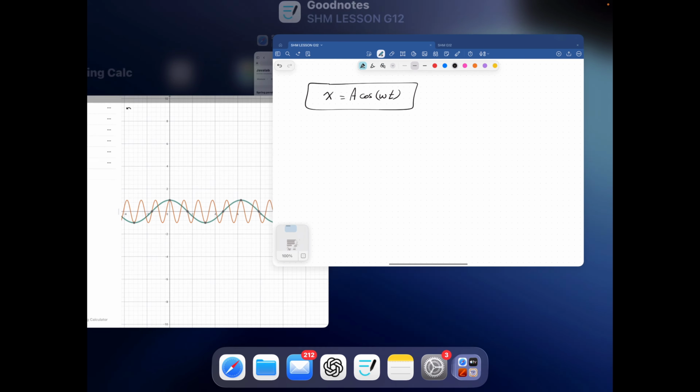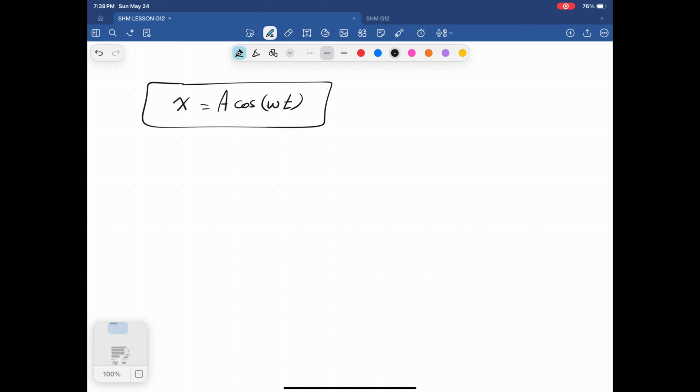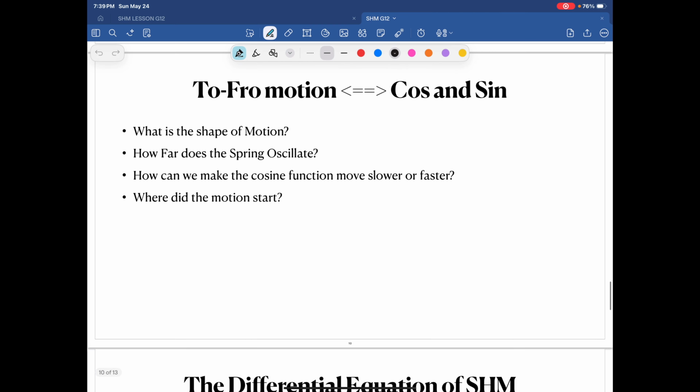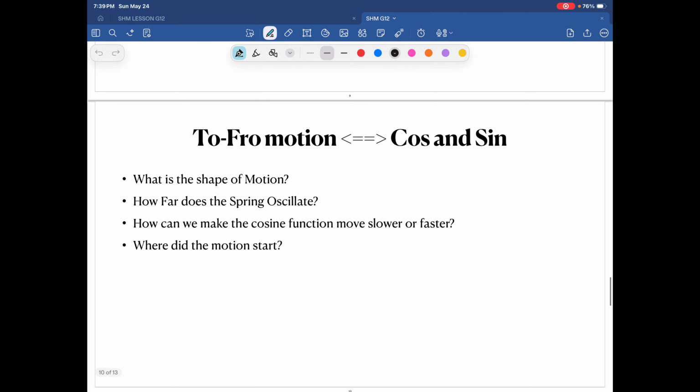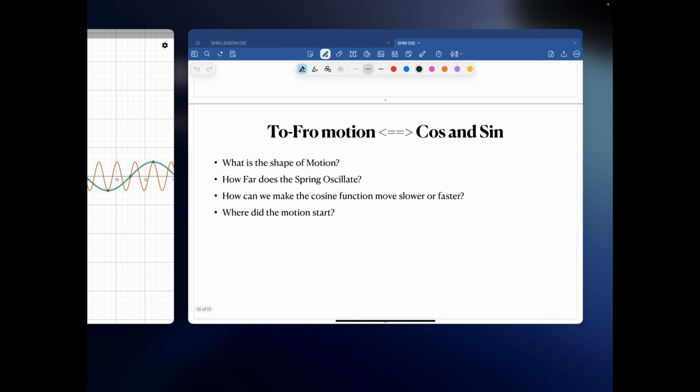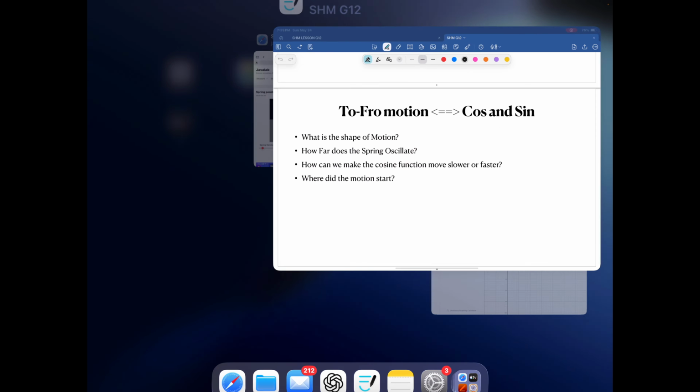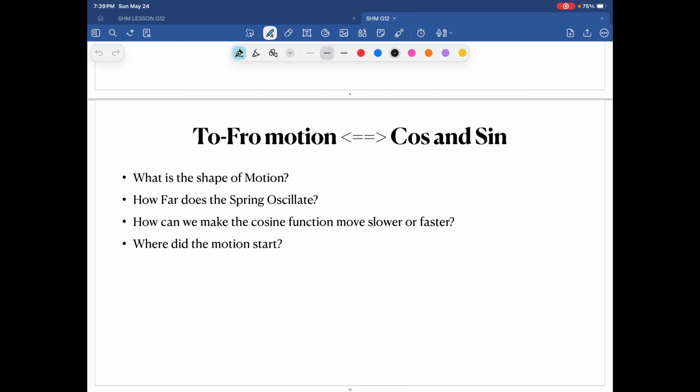But again, there is a small question that I want to answer. What if the motion did not start at 0? What if it did not start at A or minus A?